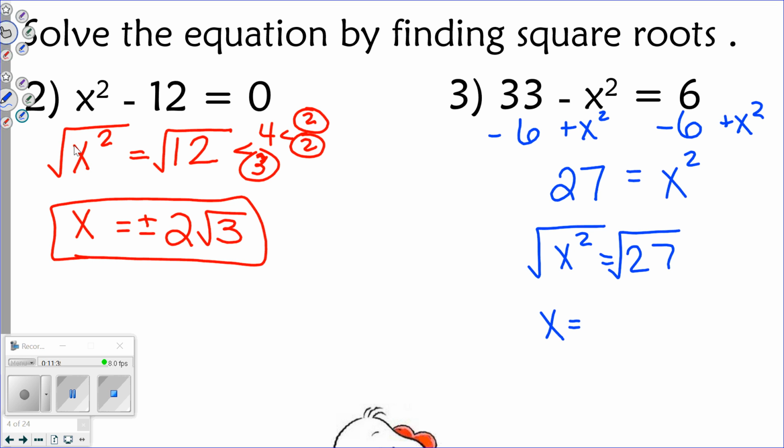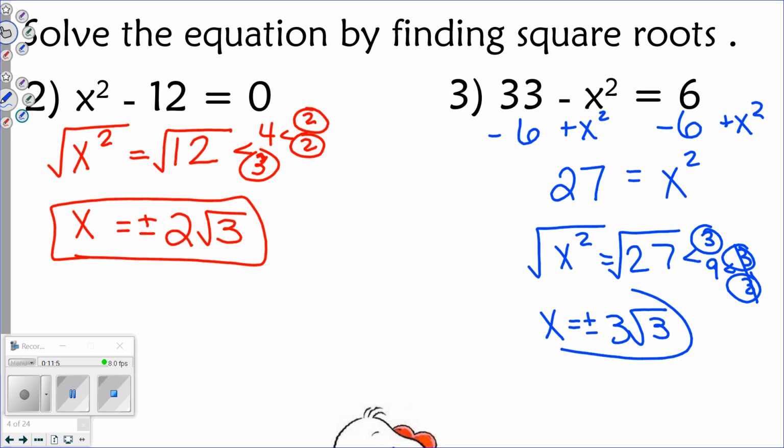Square root of 27. Good. It's going to give us 3 radical 3. That's it? There's 3 radical 3? Plus or minus. Whatever you took the square root of, the plus minus attaches to. Are you seeing why I like this method? It should be pretty quick, pretty fast.